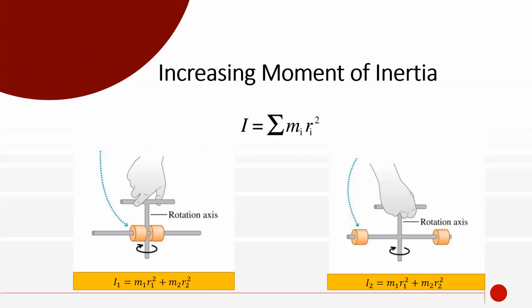So they have the same expression for moment of inertia, and the values you put in for mass would be the same, but for the distances R1 and R2, the left system would have smaller R values and the right system would have larger R values. Because moment of inertia depends on the perpendicular distance of the mass from the axis of rotation, the moment of inertia would be greater for the configuration on the right.